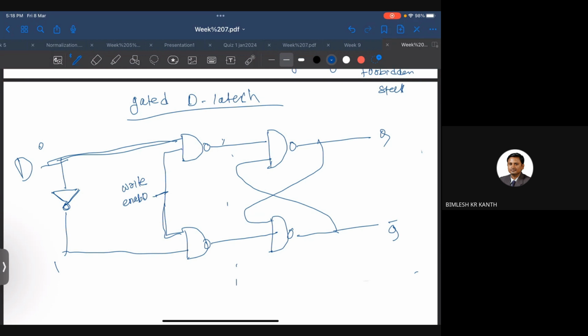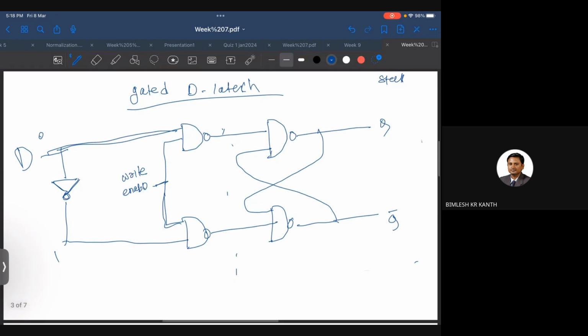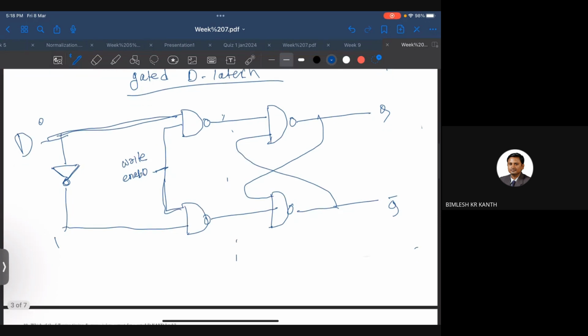Okay, let's see what the truth table will be. When write enable equal to 1, let's take WE equal to 1.